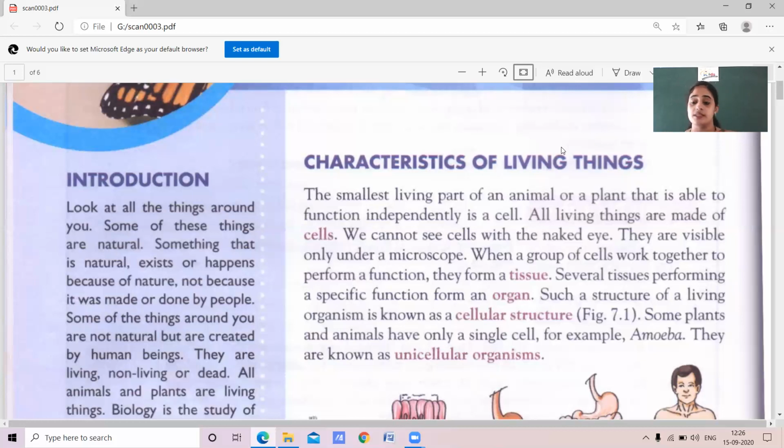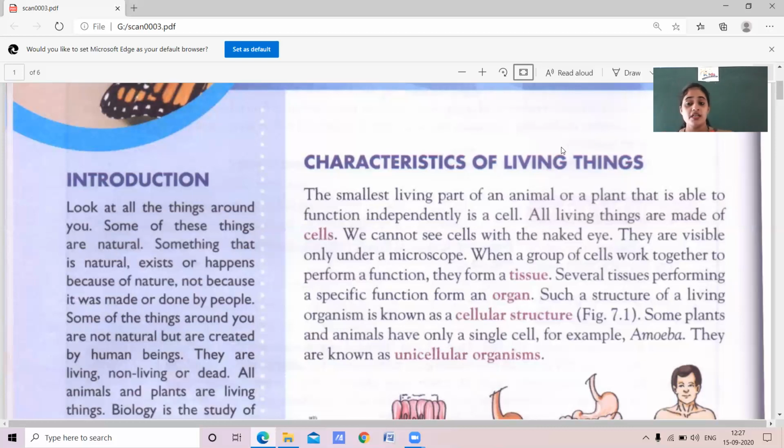You know that in our body, a number of organs are present. Heart, lung, kidney, stomach, intestine, all these organs are present in our body. So these organs are made up of tissues. The tissues are made up of cells. So from this we came to know that cell is the basic unit of living organisms.